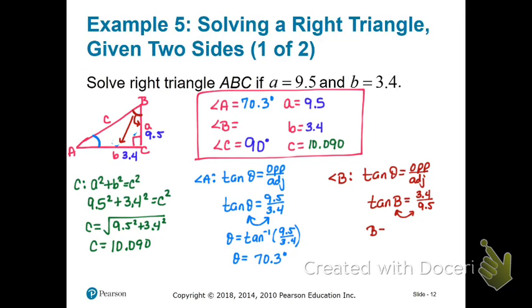So angle B will equal the inverse tangent of 3.4 over 9.5. And I probably should have put A on these. 19.7 degrees.